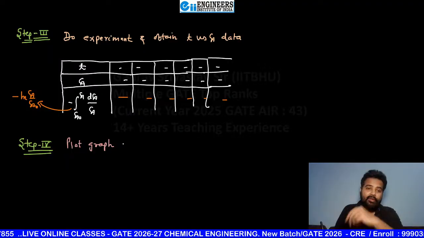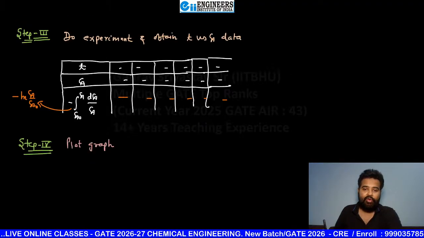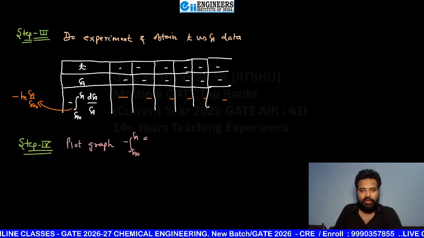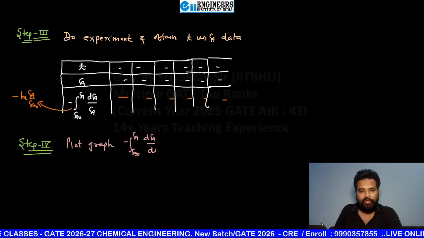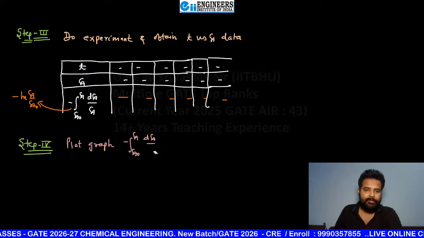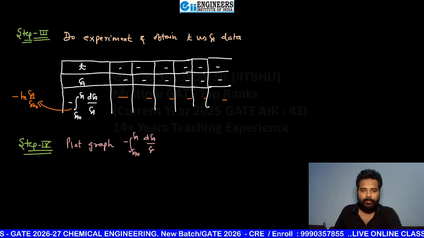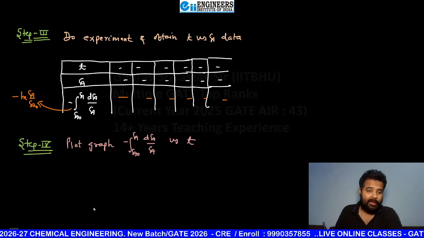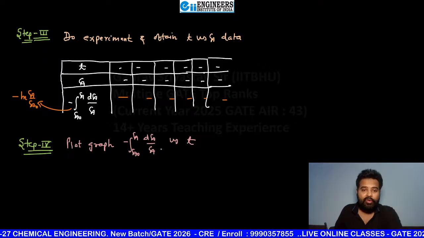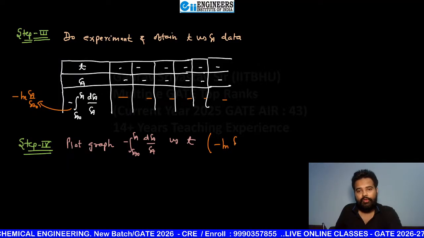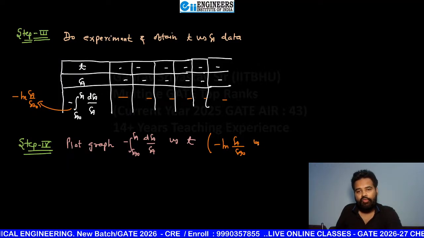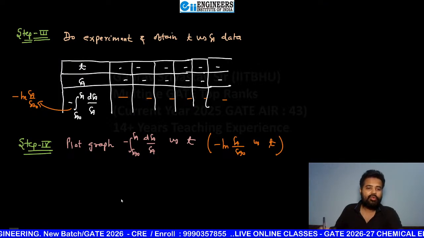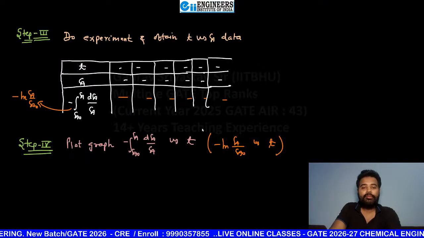So plot a graph between minus integral Ca naught to Ca dCa by Ca versus time. Here, for our guess, if the guess was first order, then you can write minus ln of Ca by Ca naught versus time t. This graph you are going to plot here.